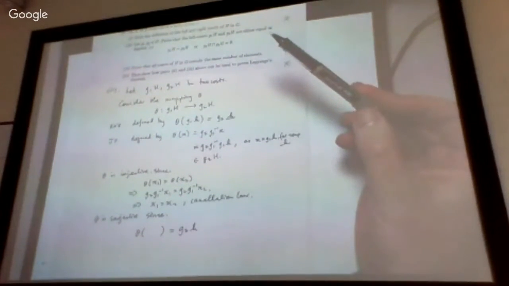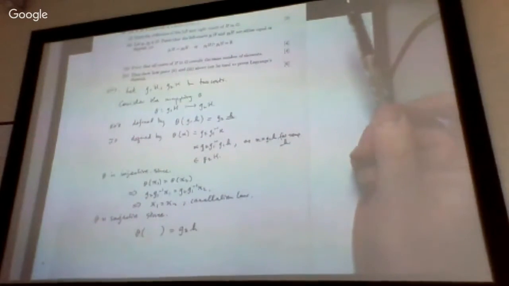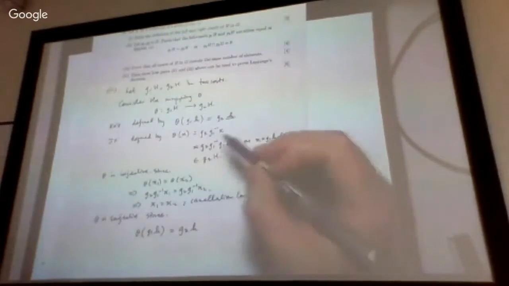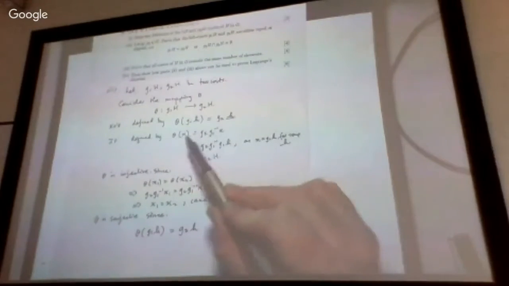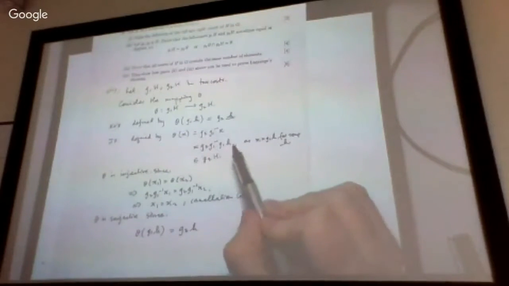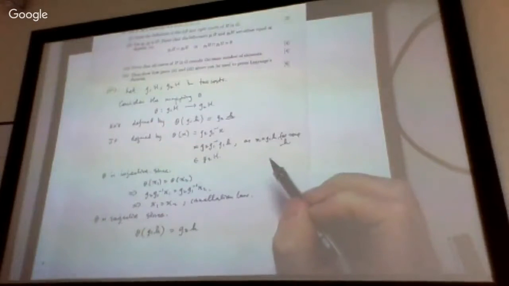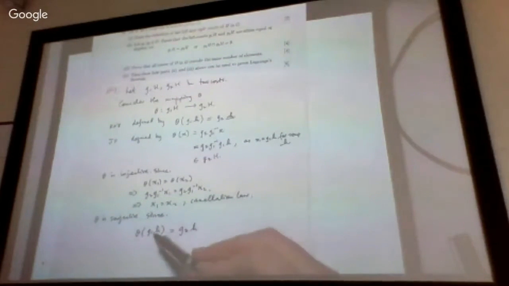So which element gets sent to g2H? Feed g1H into this definition of theta. So you've got g2 g1 inverse g1H, so you get g2H. So this is the thing that gets sent to that.